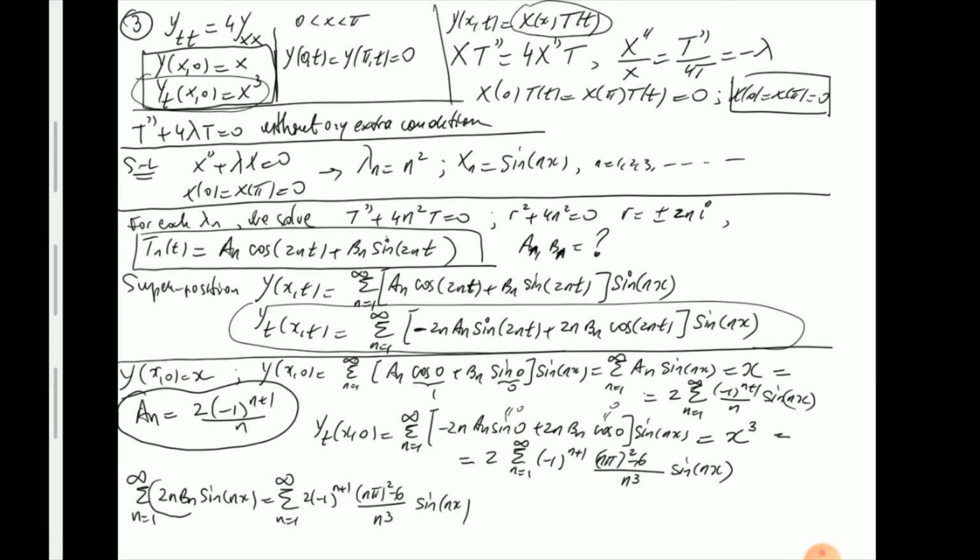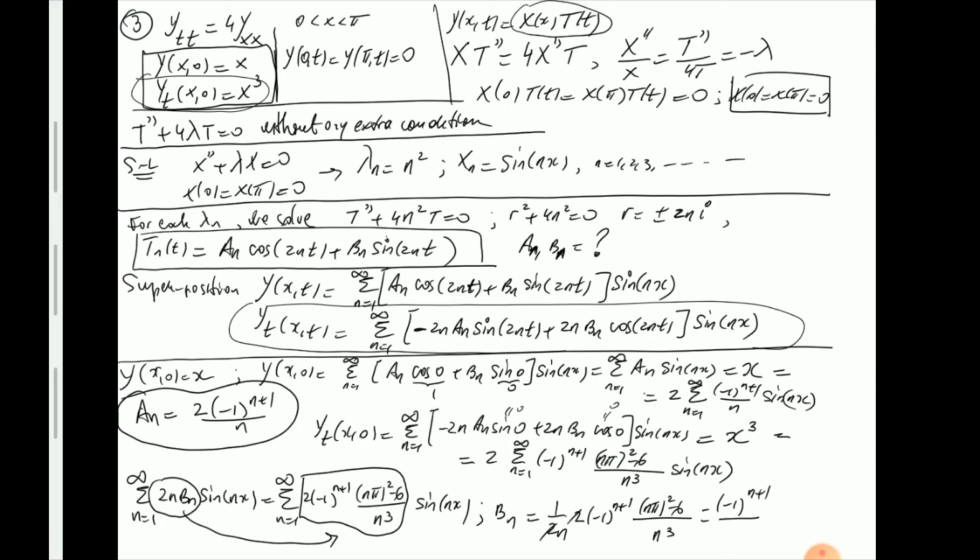So 2n times bn must be equal to this coefficient over here. So bn alone is going to be that coefficient over 2n. So I have to divide the coefficient on the right hand side by 2n. You can cancel the 2, and multiply n with n cubed, so that gives you minus 1 to the n plus 1 over n to the fourth, times n pi squared minus 6 in the parentheses like this. So that's bn.